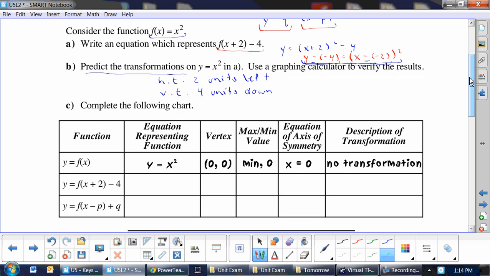So let's put that in our chart so we have a nice example. And we can also write it in our other form. Like that.